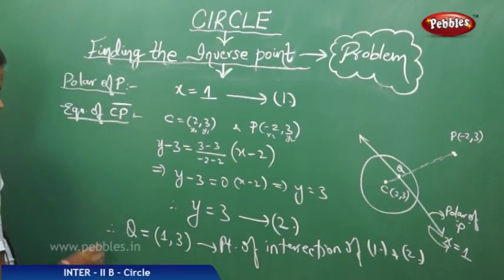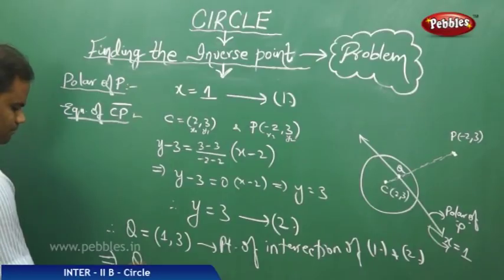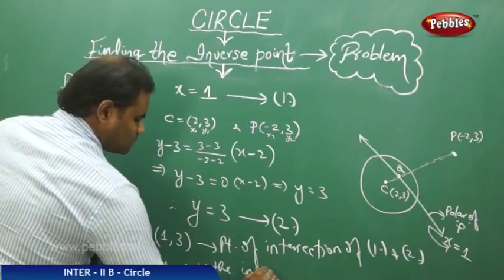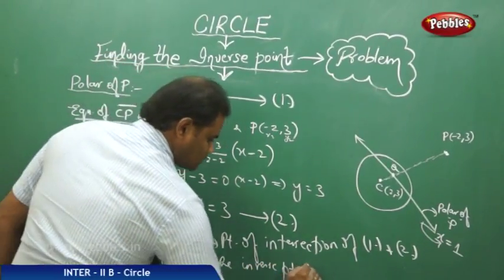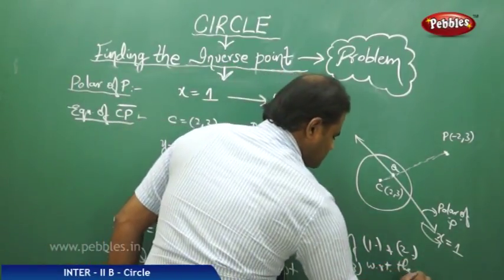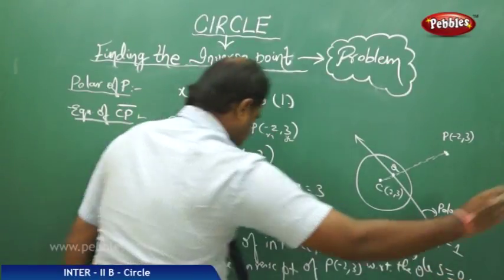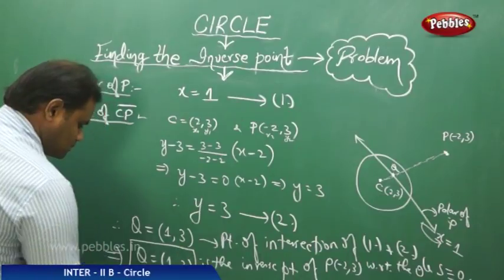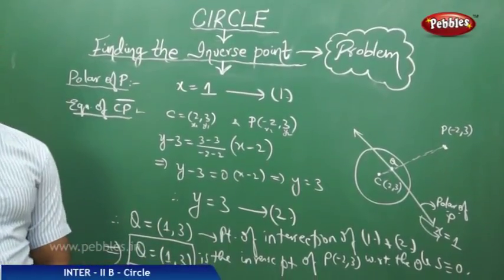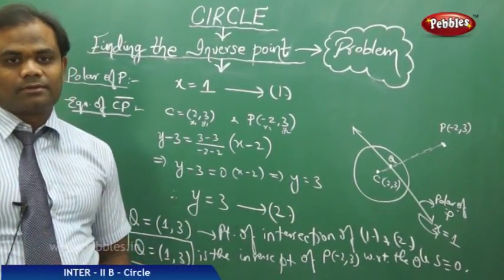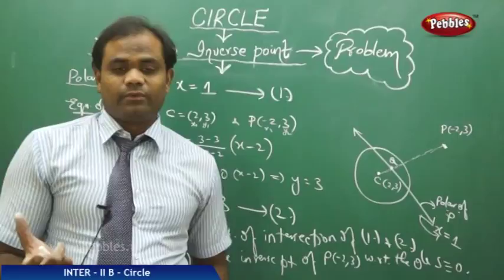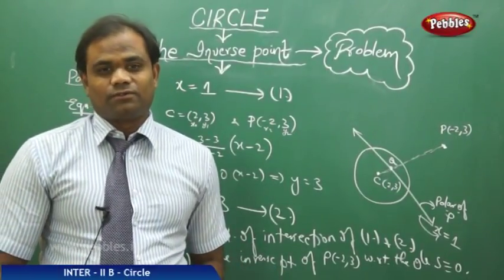Also, that implies Q equal to (1, 3) is the inverse point of P with respect to the circle S equals 0. That is how we understand the finding of the inverse point of the circle with respect to the other point. So, finding inverse points requires solving two equations to find the point of intersection of two lines by the elimination method.